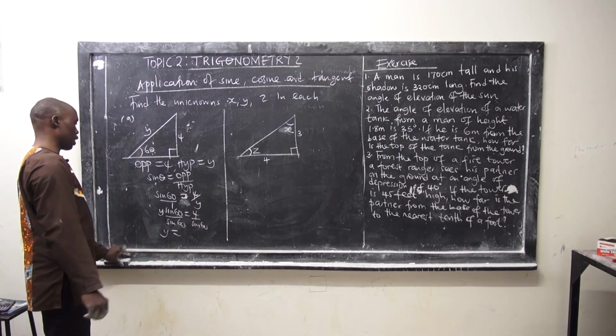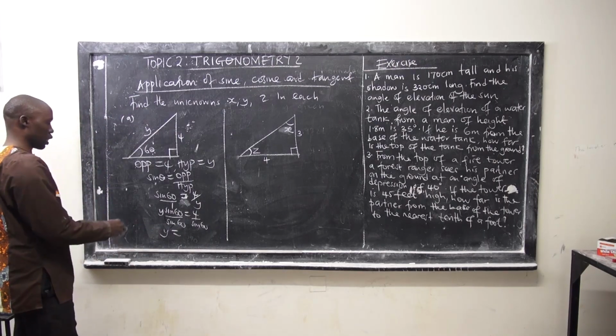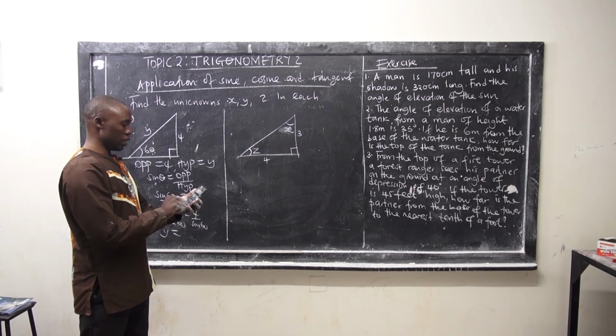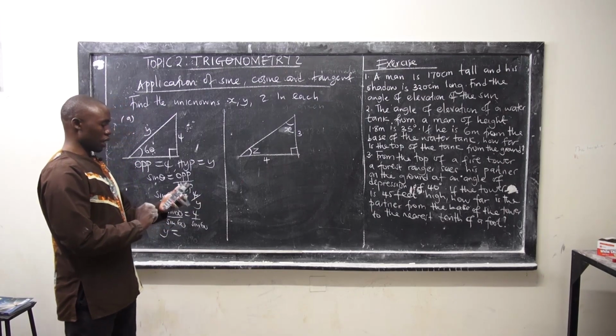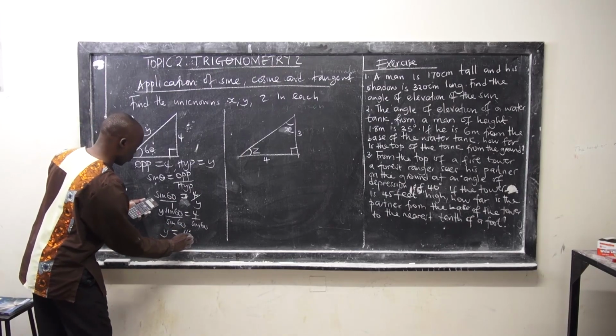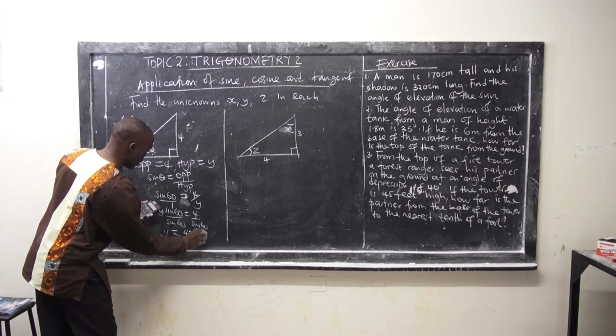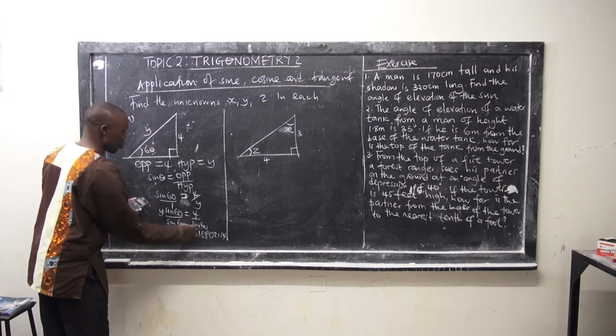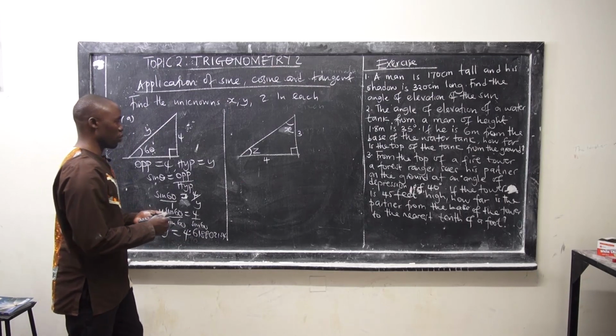We punch into the calculator 4 divided by sin of 60, and we are getting something like 4.618802154, which you can round to any decimal places of your choice.